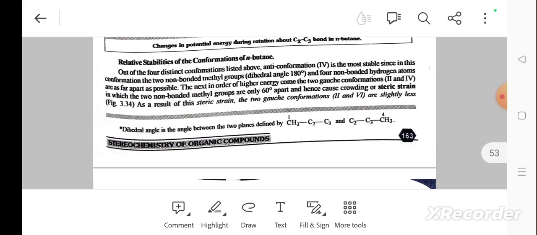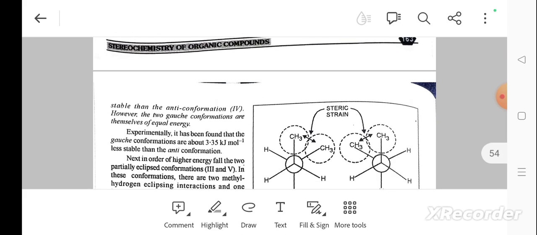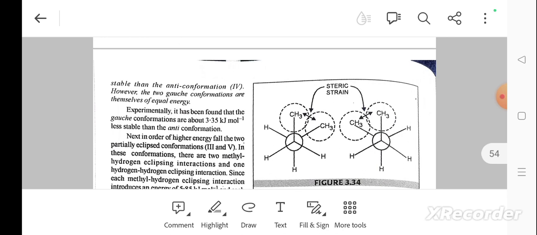Next in order of higher energy come the two gauche conformations, second and sixth, in which the two non-bonded methyl groups are only 60 degrees apart, which causes crowding or steric strain. As a result of this steric strain, the two gauche conformations are slightly less stable than the anti conformation.